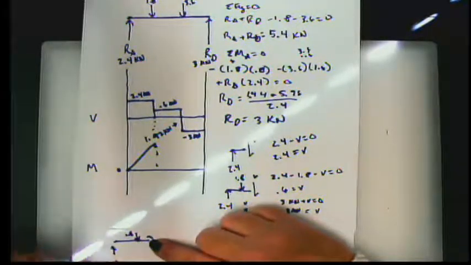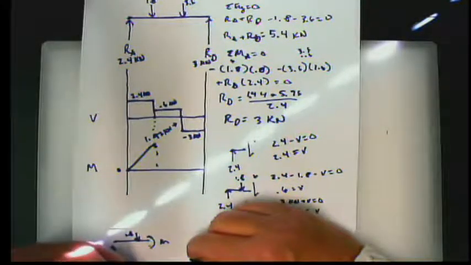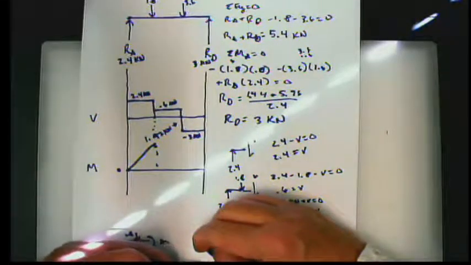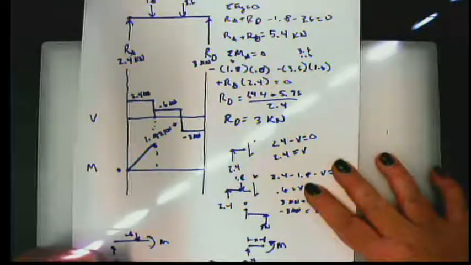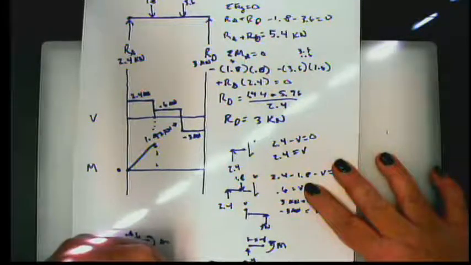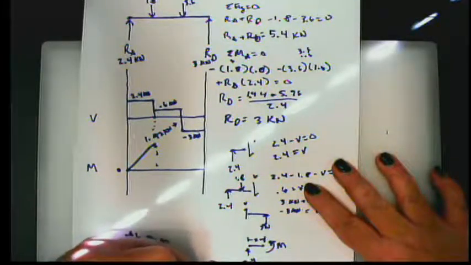Then we add x, and that's clockwise, so it's negative, plus 1.8 times x plus m equals 0. So we have m is equal to 2.4 times the quantity 0.8 plus x minus 1.8 times x.